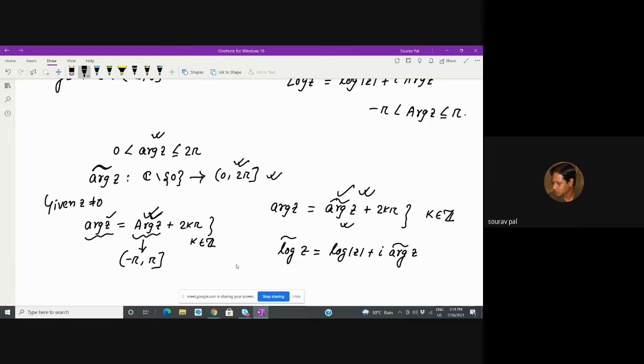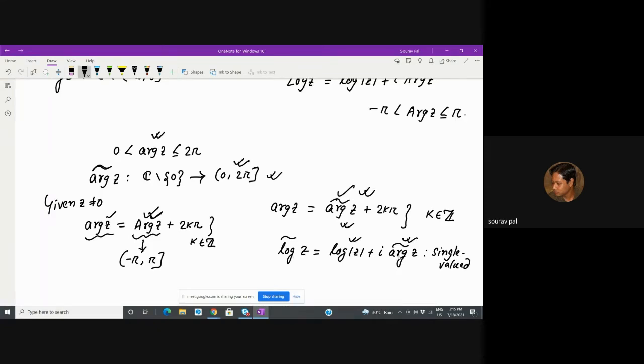Now this is again a single valued function. Am I correct? Do you all agree? This is a single valued function. Why single valued? Because this part is single valued and well defined, and this part is always single valued. So this is again a single valued function.